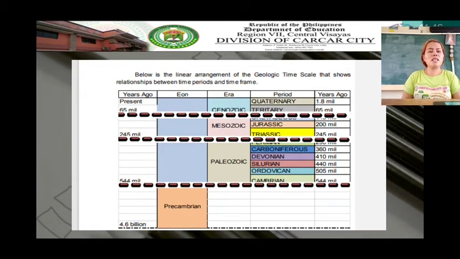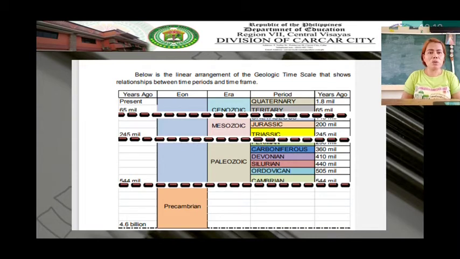Now, this discussion is the same as what we discussed earlier, but it's more on the number of years. So we have the Cenozoic, the Quaternary and Tertiary, 1.8 million to 65 million. For the Jurassic, Triassic, and the Mesozoic, we have 66 million to 245 million.